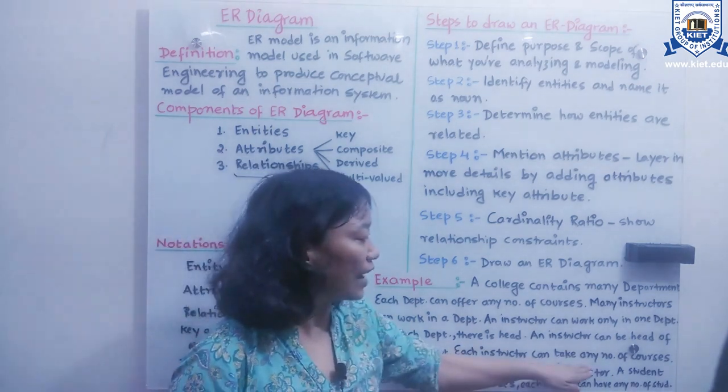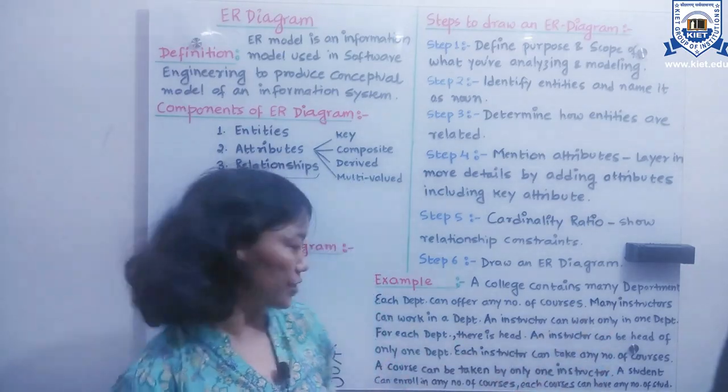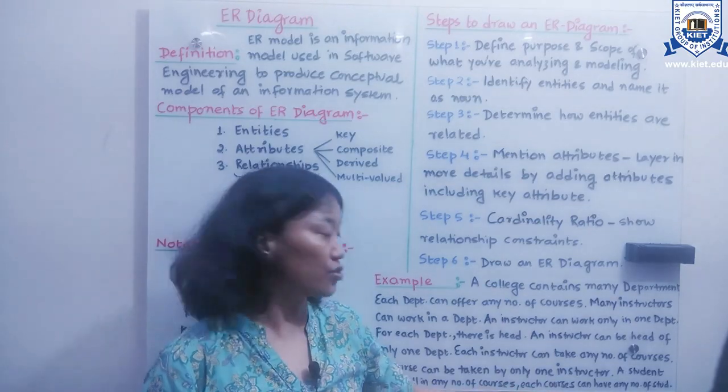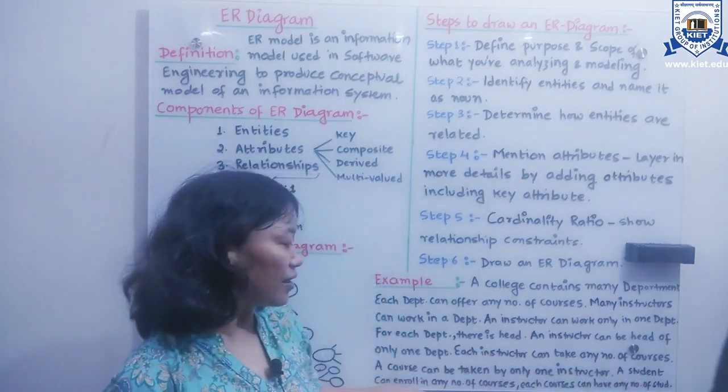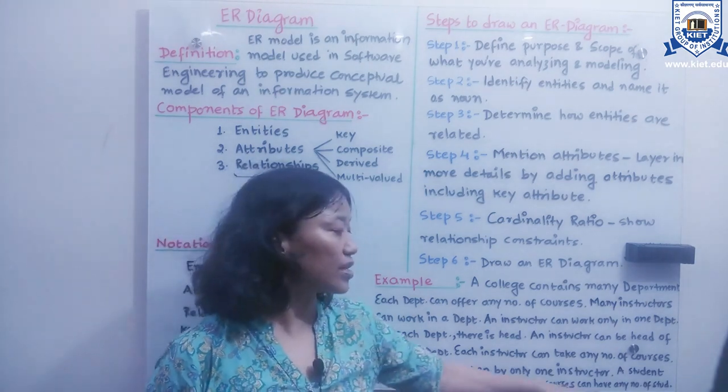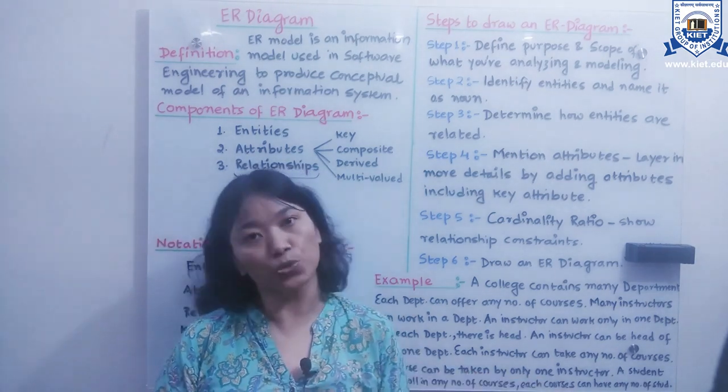Each instructor can take any number of courses. A course can be taken by only one instructor. A student can enroll in any number of courses, and each course can have any number of students.